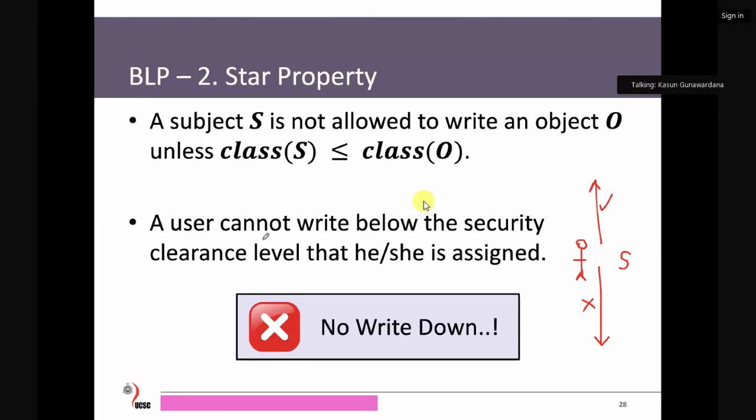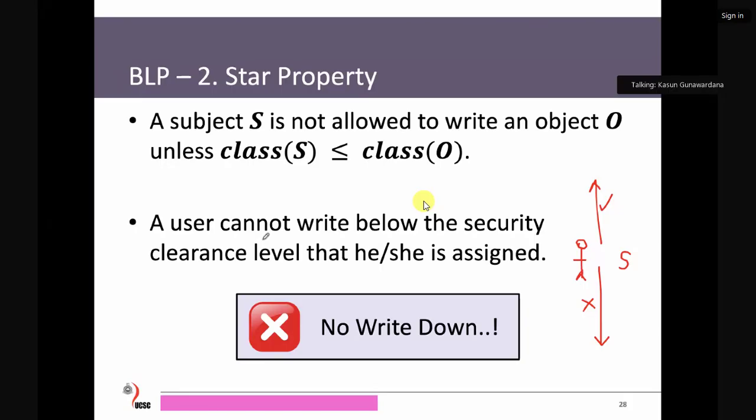So we need to keep in mind that we are dealing with sensitive data. So if we allow leaking such data, that will be detrimental. So we should ensure that no data will be written to a lower level than the user's clearance level, right?